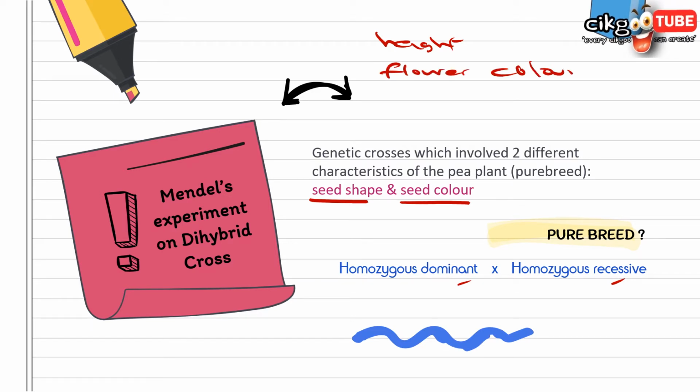Homozygous dominant, so let's say height tall and flower color purple. And homozygous recessive, so the height will be dwarf, small t, and recessive for flower color, small p. So these are pure breeds and it involves two characteristics in a dihybrid cross.